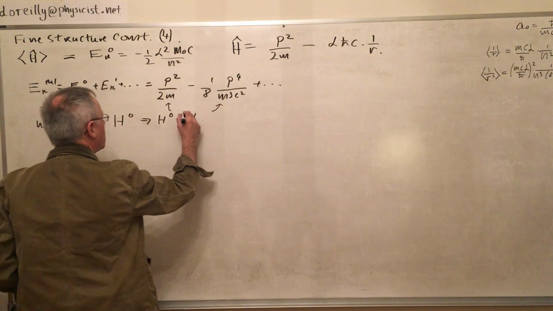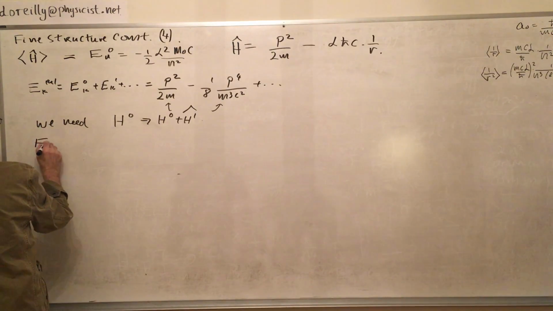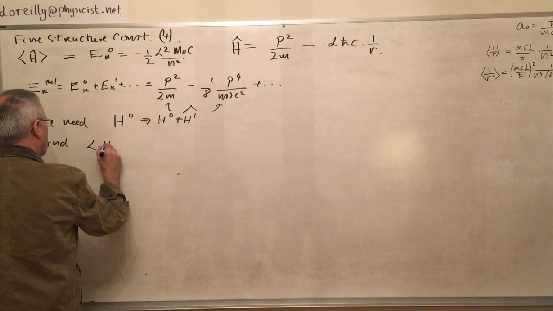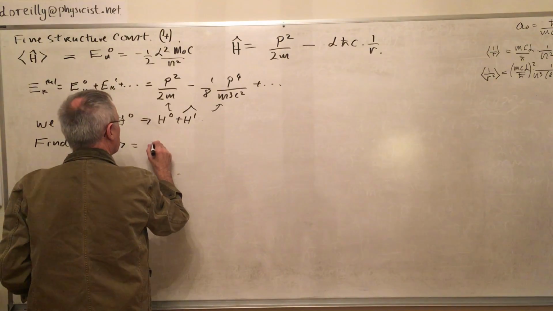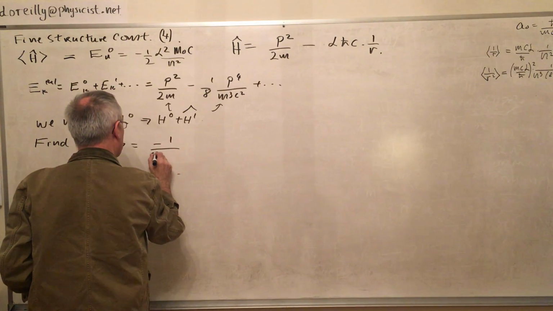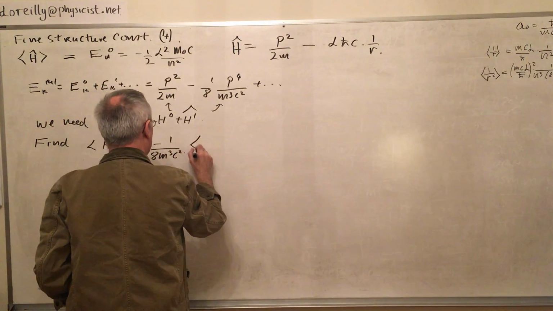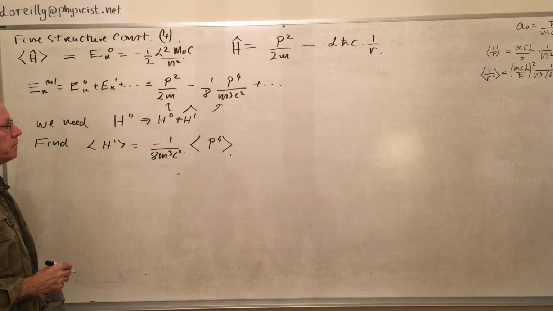So we need the expectation value of this one here. So basically that's what we're heading towards, all right?